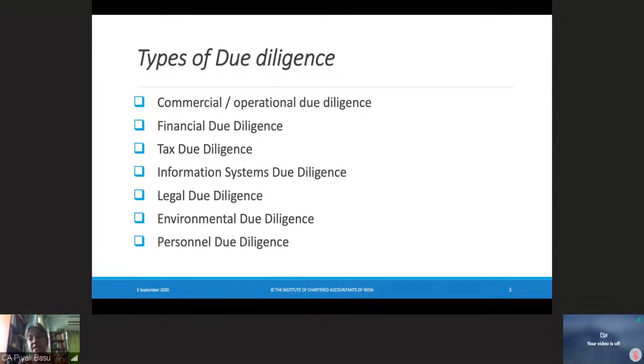They might have missed it. Even if nothing is reported in the internal audit report or the statutory audit report, later on, based on your due diligence report, the purchaser finalizes the deal and makes the payment.